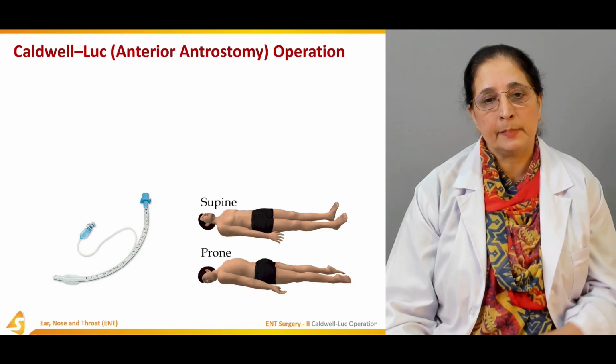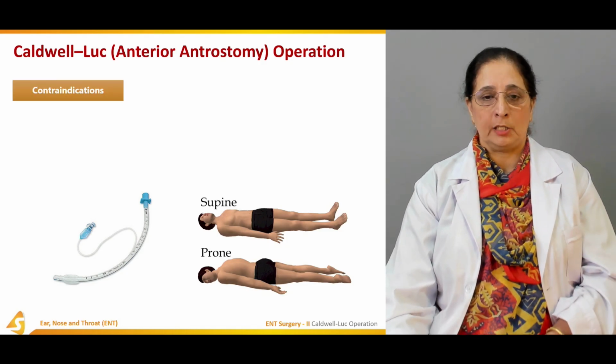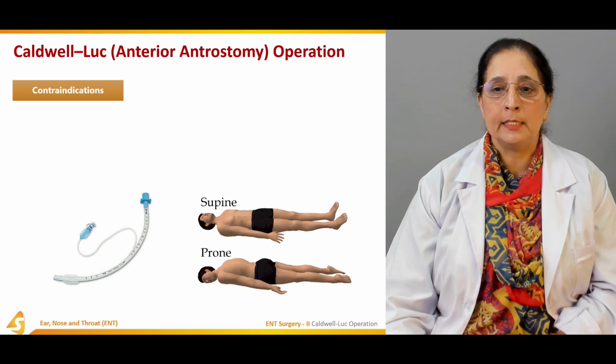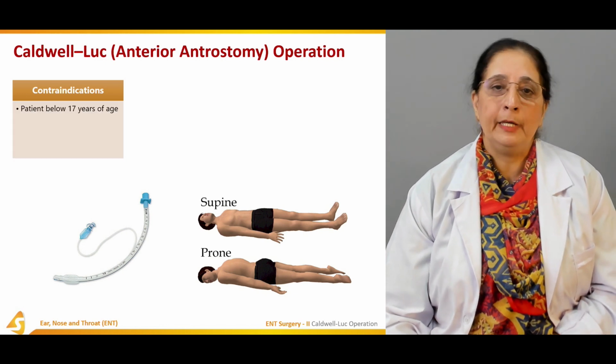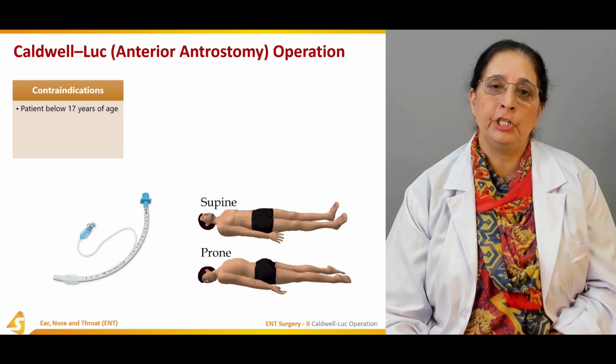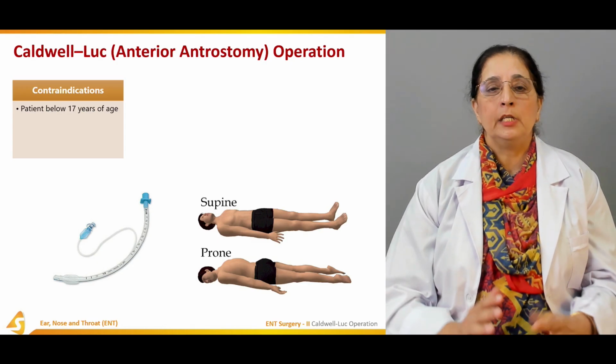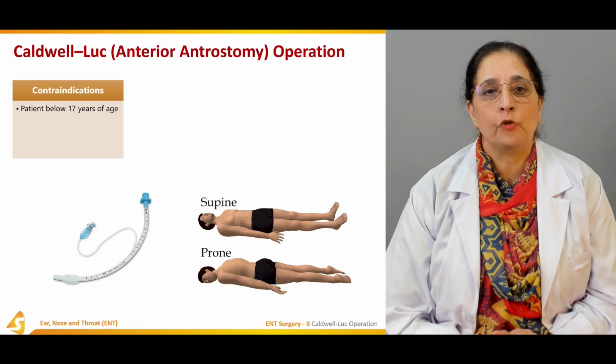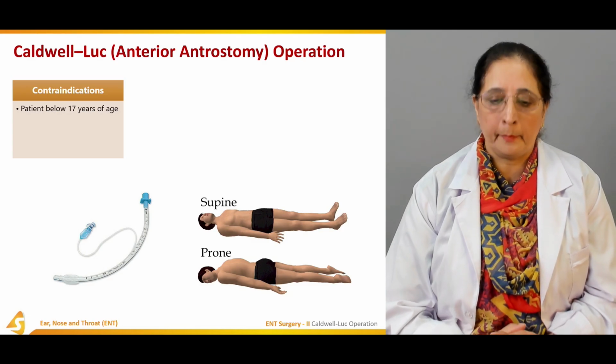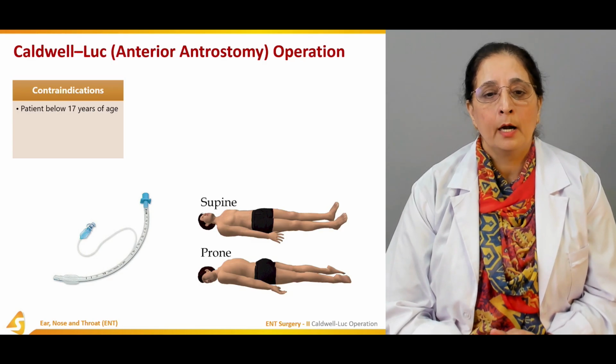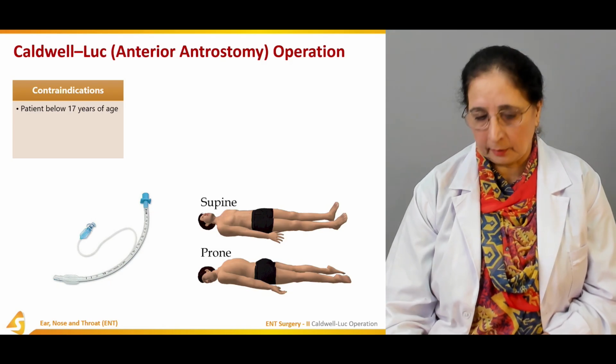That's the difference between the two positions. Contraindication of this operation: a patient below 17 years of age. This procedure, anterior antrostomy, should not be performed in patients below 17 years of age.